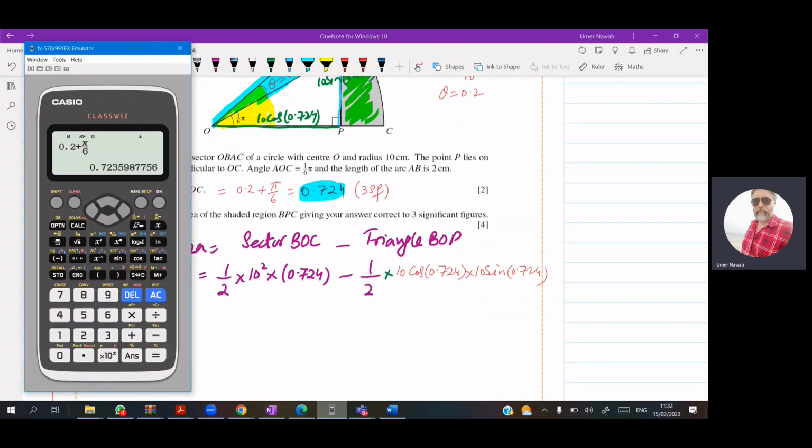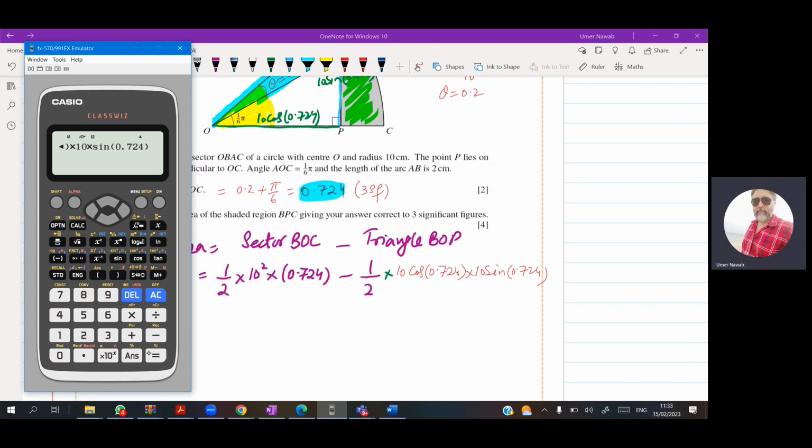So write everything in a calculator. Half times 10 squared times 0.724 minus half times 10 times cosine 0.724 times 10 times sine of 0.724.